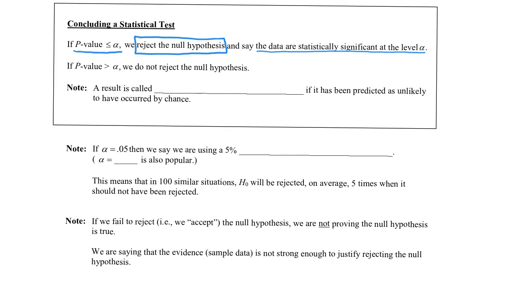The other thing that could happen is you could look at the p-value and see that the p-value is greater than alpha, in which case we do not reject the null hypothesis.